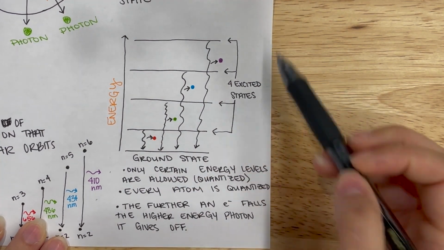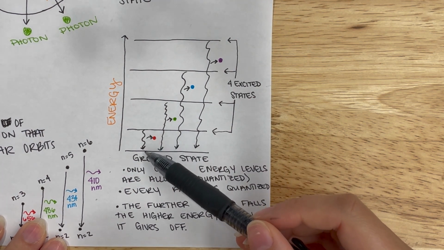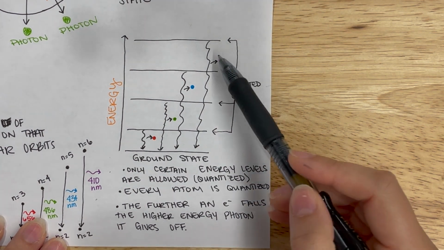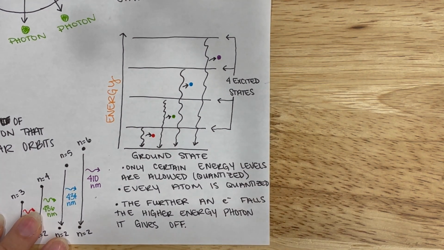We can think back to our electromagnetic spectrum, right? When we go through the visible light spectrum, purple is higher energy than red.